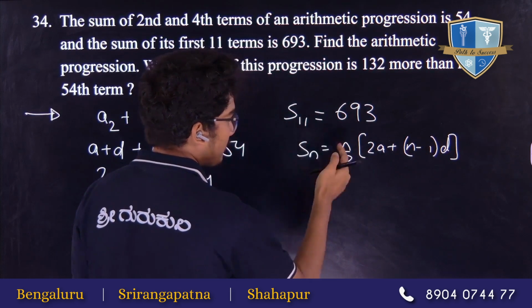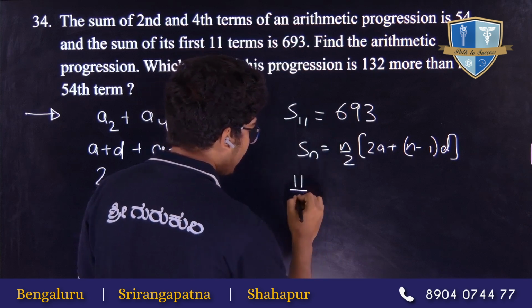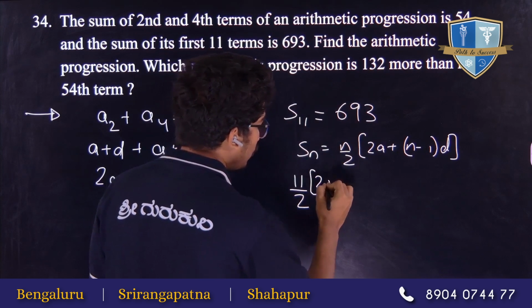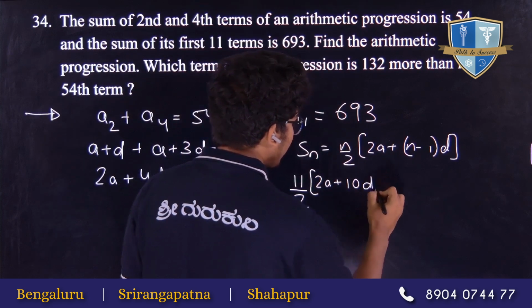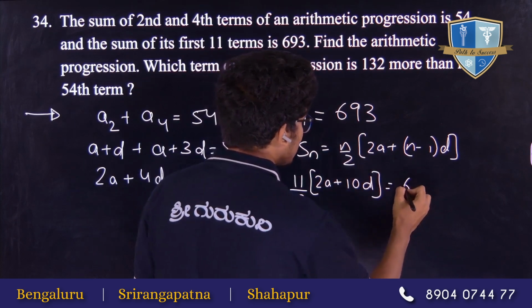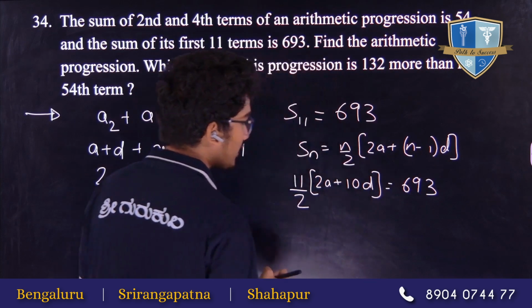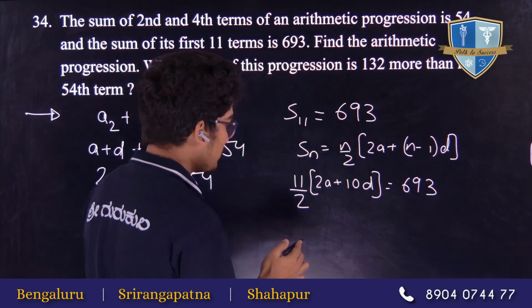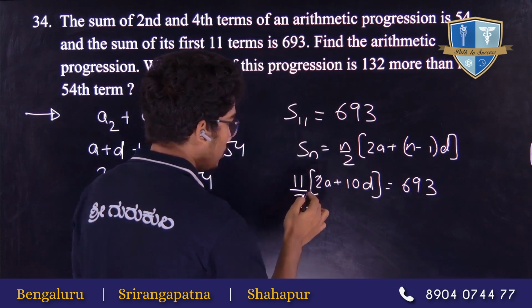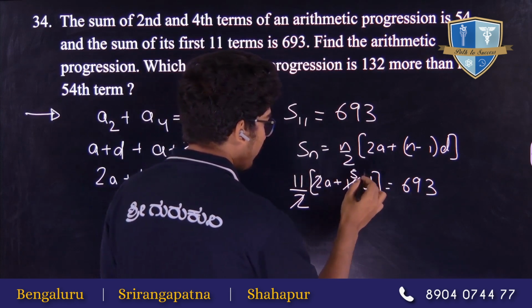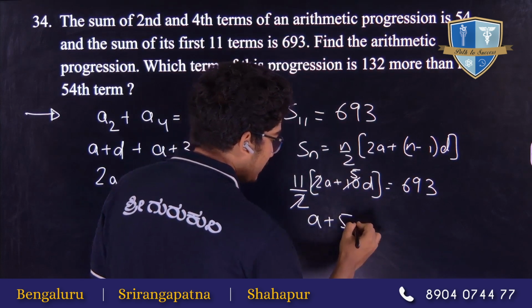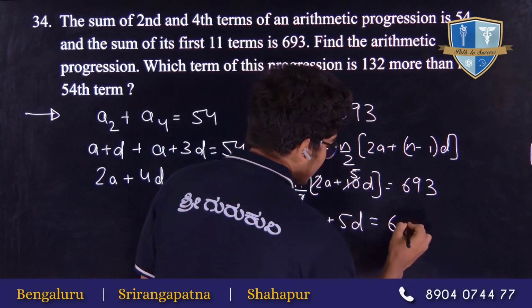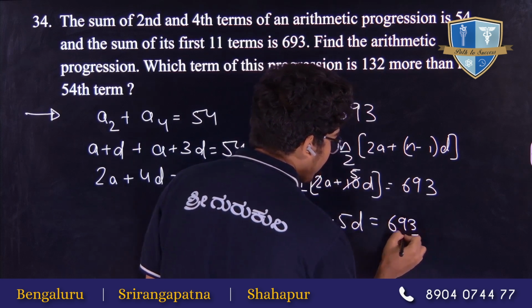So it will be 11 by 2 into (2a plus (11 minus 1), that is 10d) is equal to 693, correct? Now this 2 and 10 will cancel, so this will become a plus 5d is equal to 693 divided by 11.